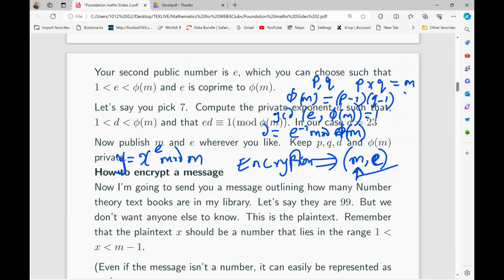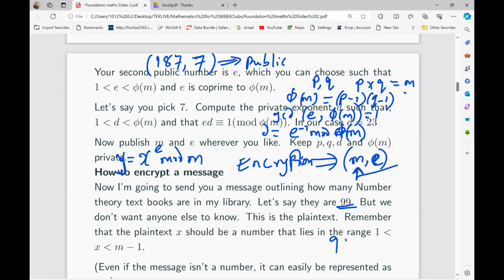So let me say, in this case, that my message was 99, and your M was 187. You sent it to me, and you had chosen E to be 7. So these two are in the public domain. Everyone knows about them. And I have this message I want to send to you.